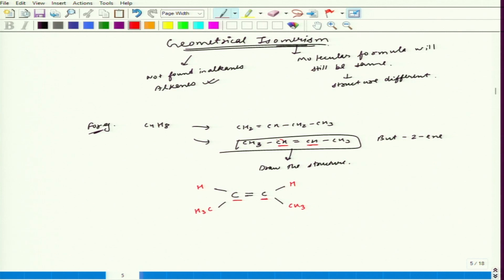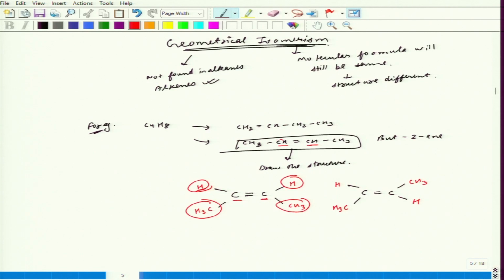Okay. What other possibility is there? There is one other possibility, C double bond C. Now, here hydrogen is opposite to a CH3 group. Is there any structure where hydrogen is opposite to the hydrogen?